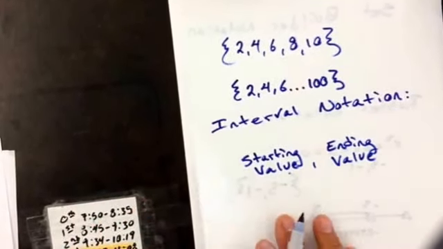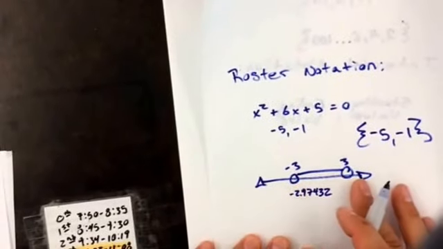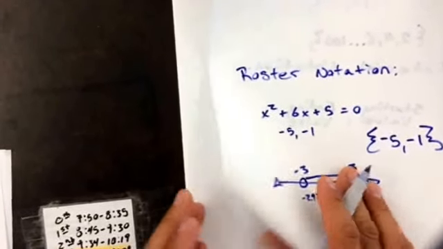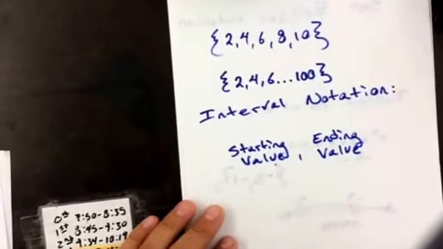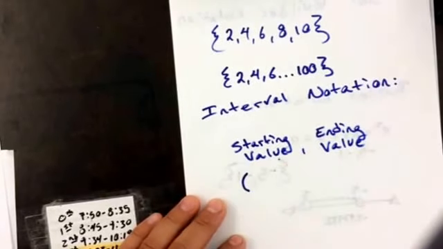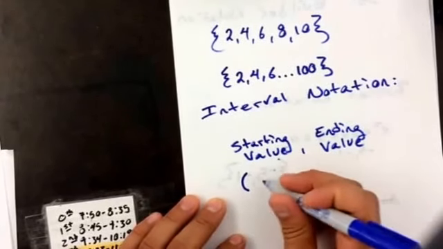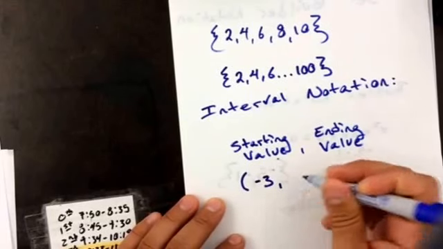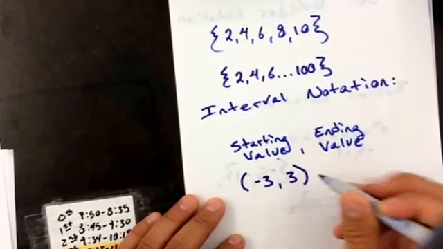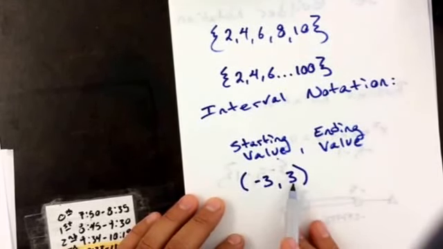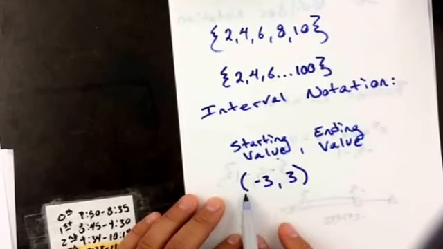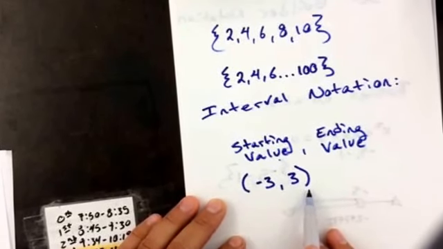So with the example that I did, these circles are open, which means that they are not included. On interval notation, you show that it's not included by using parentheses. So parentheses -3 to 3. This is my starting value, this is my ending value. -3 is not included, 3 is not included.